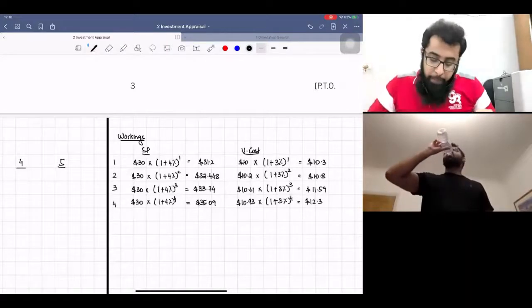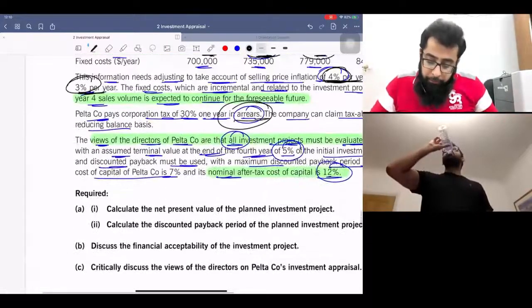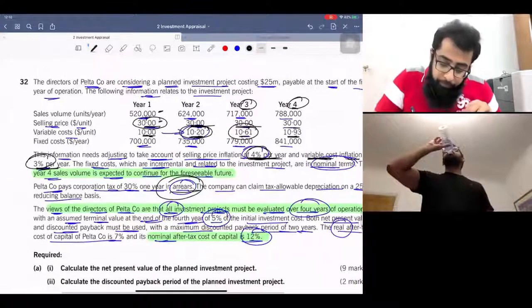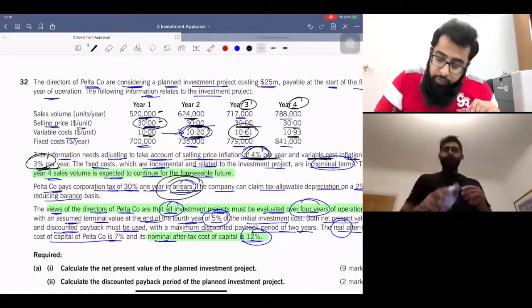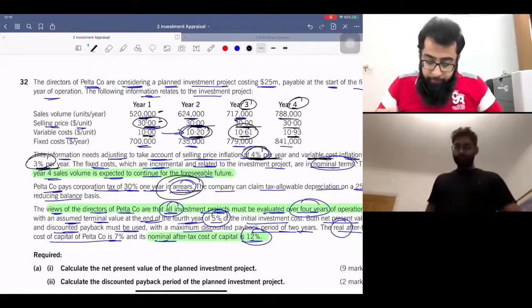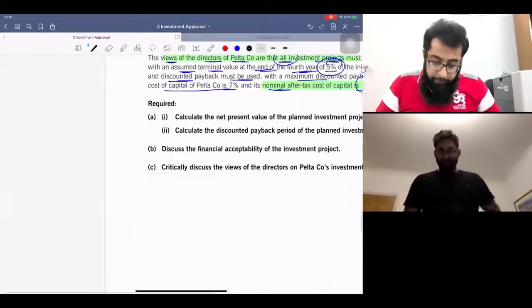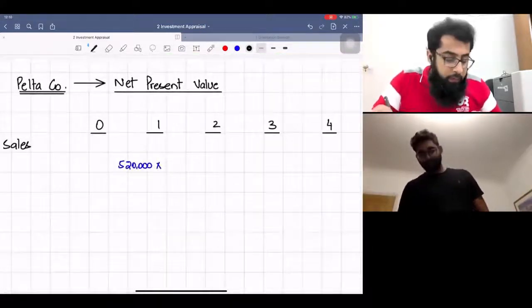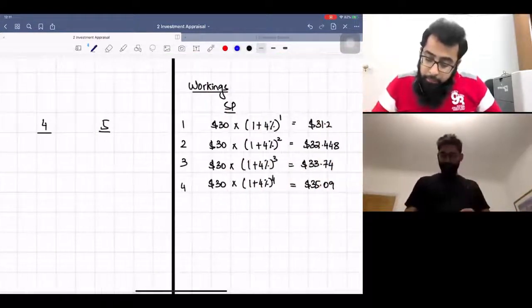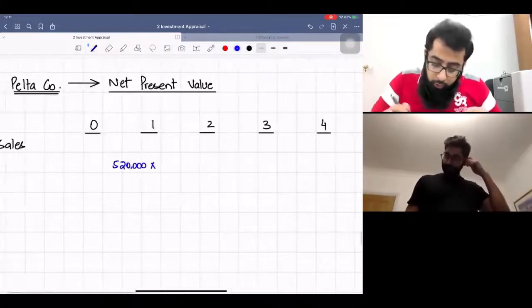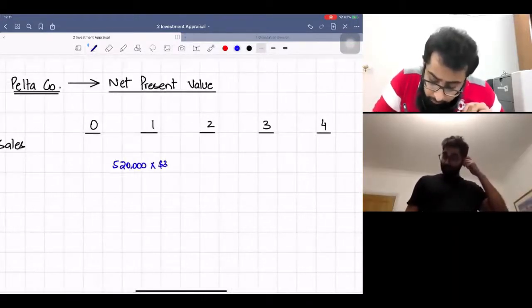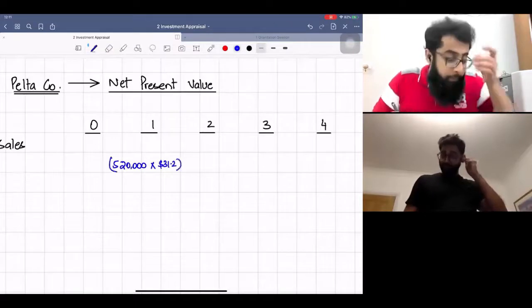Now, the number of units are 520,000, 624,000, 717,000, and 788,000. So 520,000 units multiplied by $31.2 was the first year selling price.